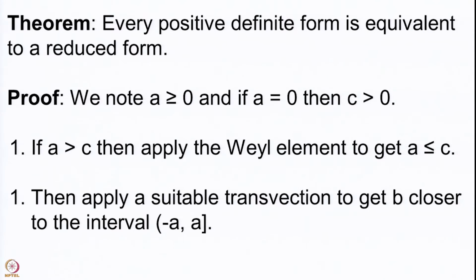So, wherever you have B, remember you can apply transvections and B can be changed to B plus or minus 2A. So, if B is positive and very large, you keep subtracting multiples of 2A to bring B less than or equal to A. Do not go to minus 2A minus A, or do not go beyond that, stop when you have it within this interval.